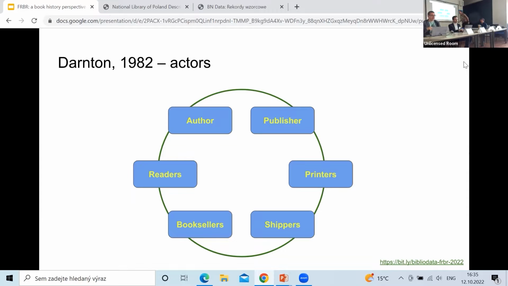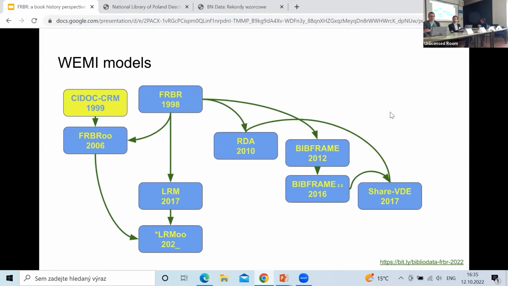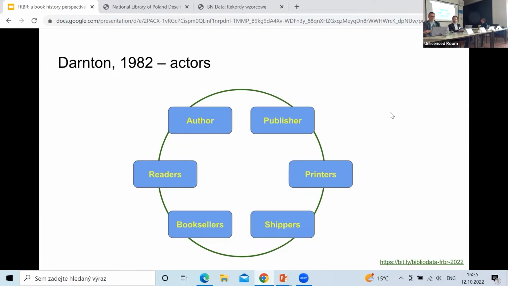So starting from the author, publisher, printers, shippers, booksellers, and then readers.